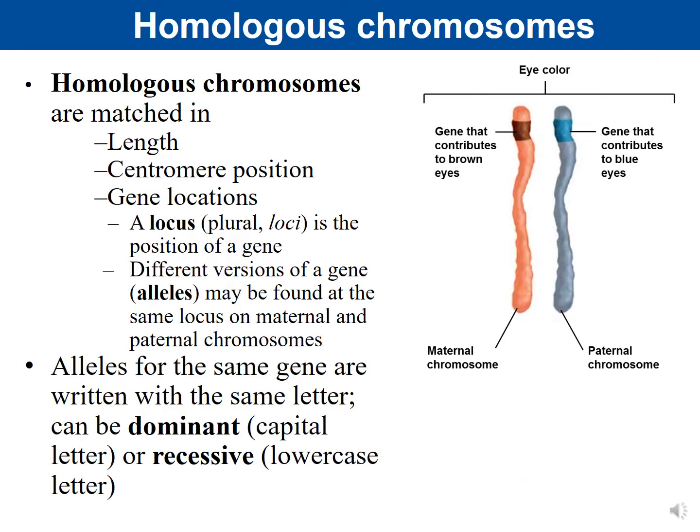So in order to understand meiosis, we need a couple terms. The first term that we need to understand is what we call a homologous chromosome. Homologous chromosomes, we get one from mom and one from dad.